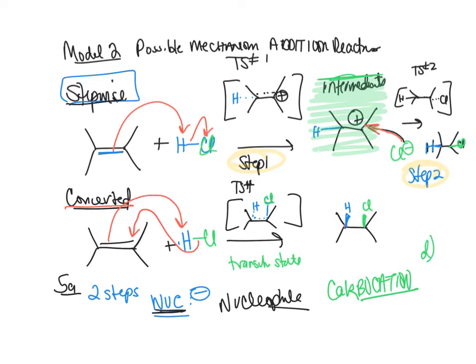D. What role does the intermediate play when it reacts with the chloride? Now it is an electrophile. It started out as a nucleophile in step 1, and now our carbon substrate is an electrophile in step 2. So you see how the chloride nucleophile will add to the carbocation.